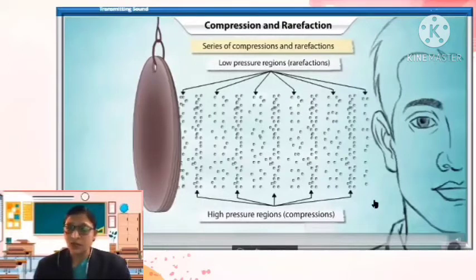So from this we concluded that sound is propagated due to the pressure variation and density variation of the particles of that particular medium. And this series of compression and rarefaction, caused by low pressure regions, that is rarefaction, and high pressure regions, that is compression, makes the sound wave propagate.